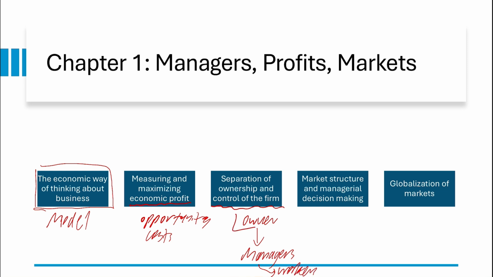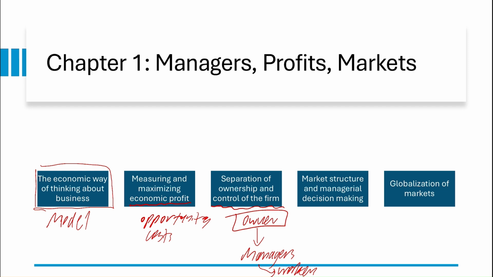And so the owner has some goals. Maybe their goal is to maximize profits. Managers and workers don't by default have the same goals. The owner wants the managers and the workers to pursue his or her goals, but monitoring might not be perfect. They might have to find ways to incentivize their managers and workers to do things that are in the best interest of the company overall.